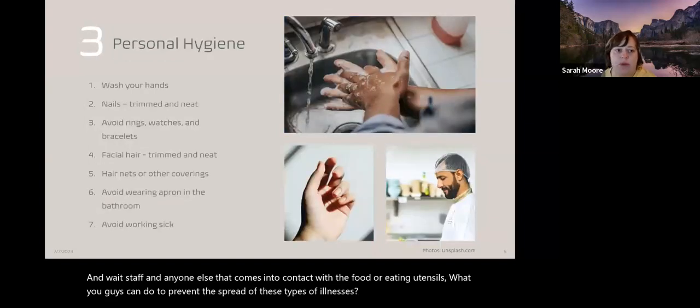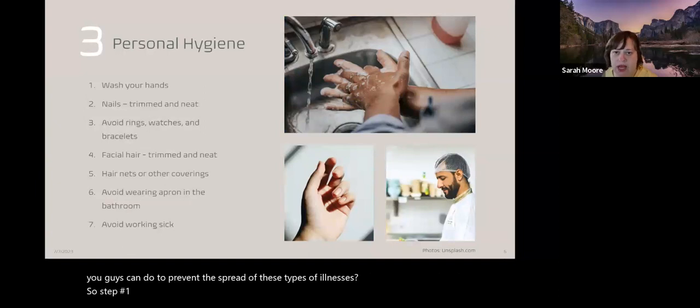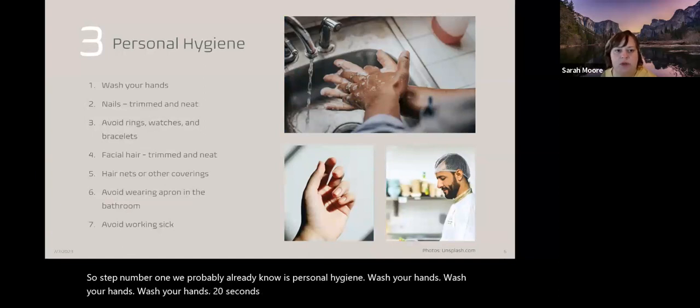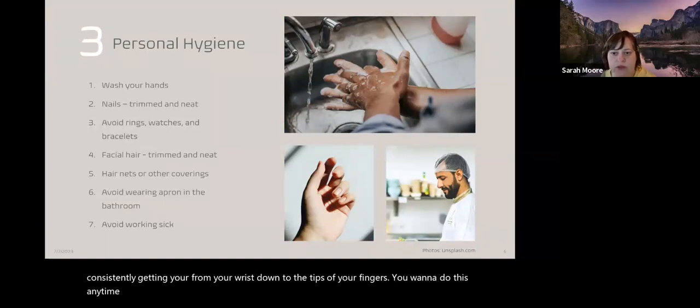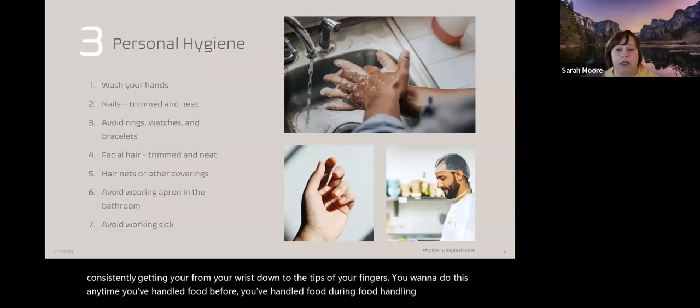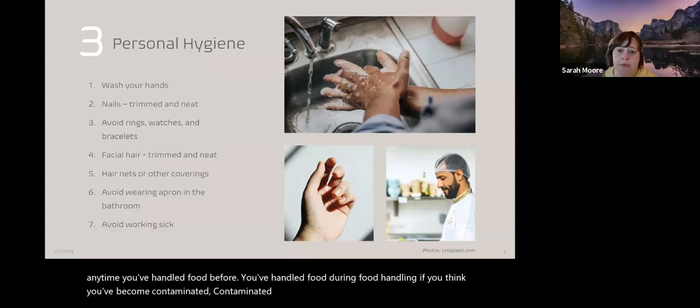So step number one, we probably already know, is personal hygiene. Wash your hands, wash your hands, wash your hands. 20 seconds under warm water using soap, scrubbing consistently, getting from your wrists down to the tips of your fingers. You want to do this anytime you've handled food, before you've handled food, during food handling, if you think you've become contaminated, and after preparing food.